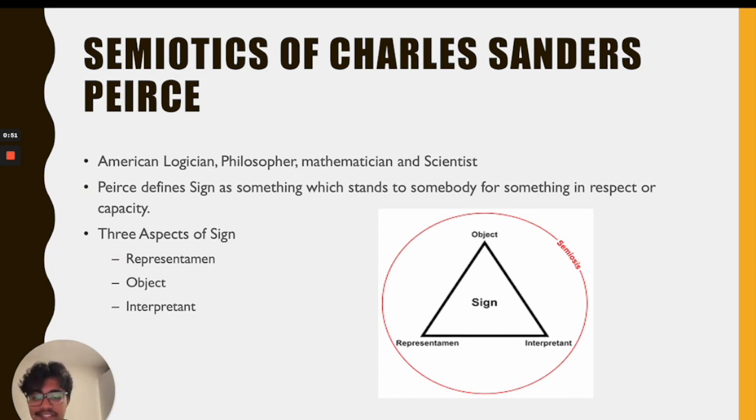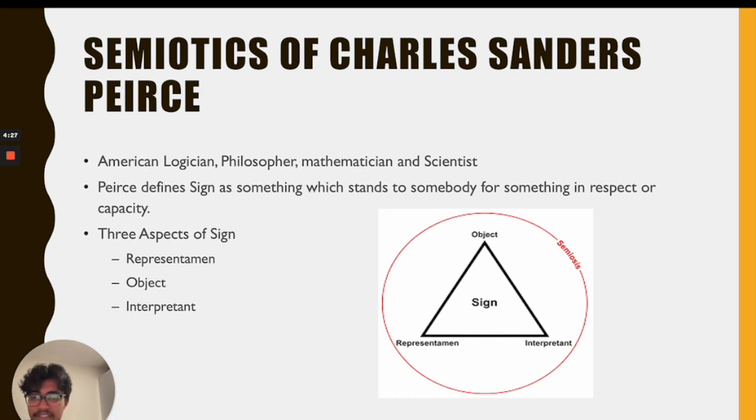Peirce's explanation of the sign is based on his theory of semiotics, which he believed was fundamental to human cognition and communication. Peirce defined a sign as something which stands to somebody for something in some respect or capacity. And Peirce drew out three aspects of this definition. From the diagram you can see that they are representamen, object, and interpretant.